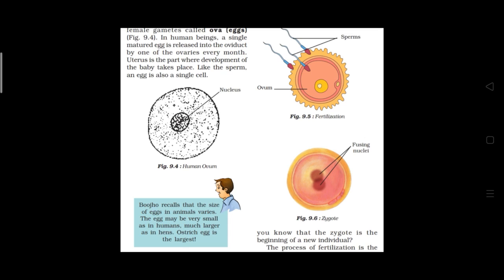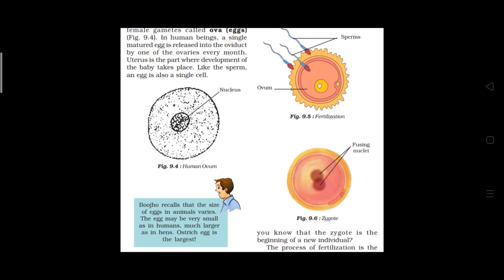During fertilization, the nuclei of the sperm and the egg fuse to form a single nucleus. This results in the formation of a fertilized egg or zygote. Testis will produce millions of sperm, and from those, one sperm will fuse with the ovum. When it is fusing, only the nucleus of the sperm will enter the ovum, and both the nuclei will fuse together to form a single nucleus.